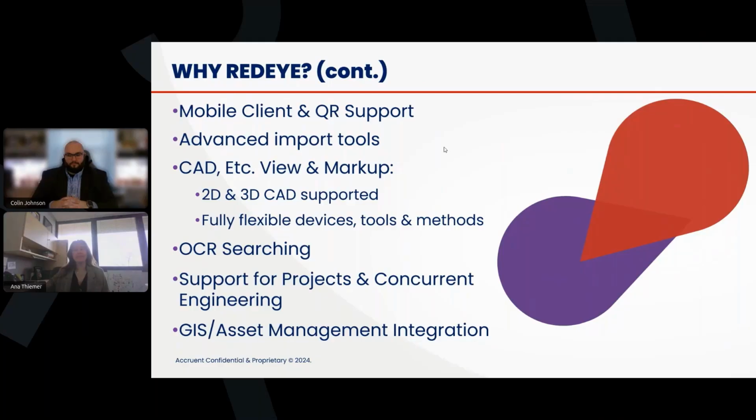RedEye has the capability to do optical character recognition, and even on the oldest hand-drawn paper scan drawings, with RedEye you can search and retrieve drawings and documents by any text that's in them, whether it's in the title block or in the body of the document or drawing.